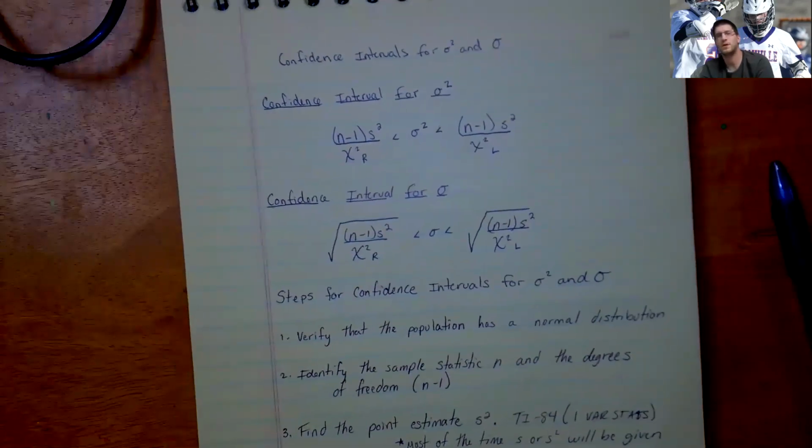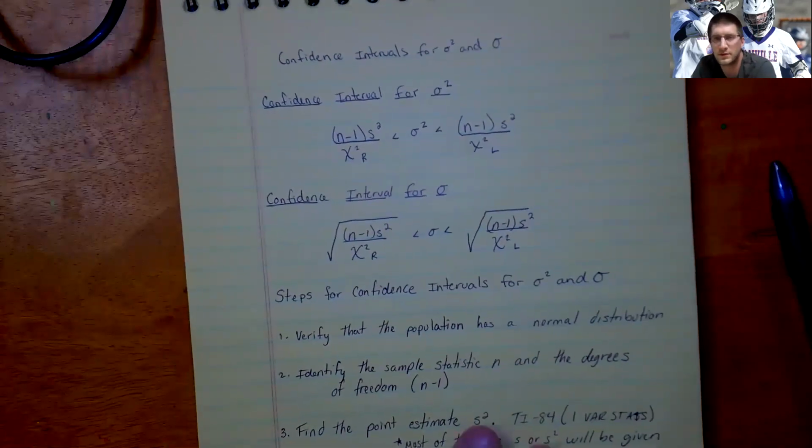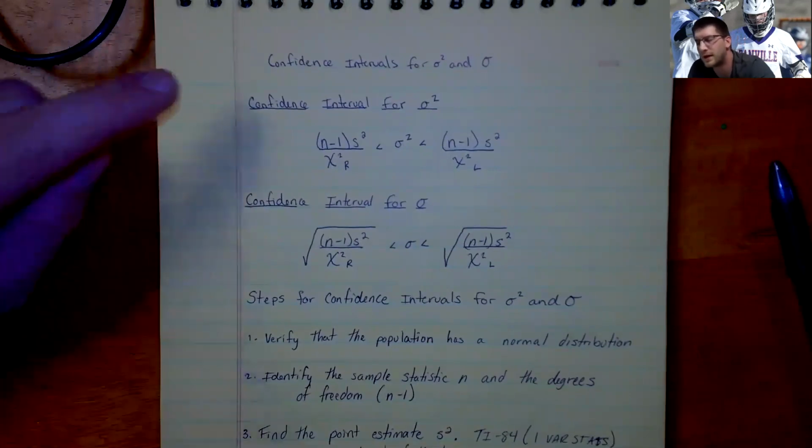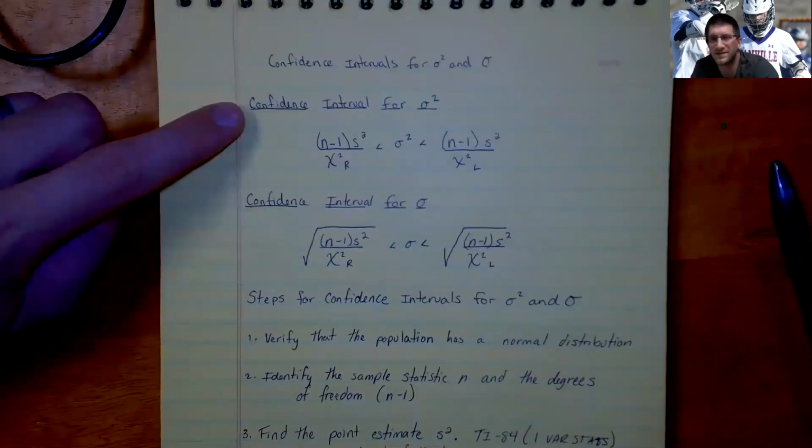For our intervals, we have two formulas. It depends whether they ask for the variance confidence interval or the standard deviation confidence interval. Most of the time, they'll probably just ask for both. If you want to find the confidence interval for variance, remember variance is sigma squared.